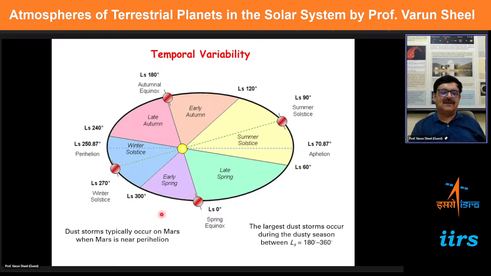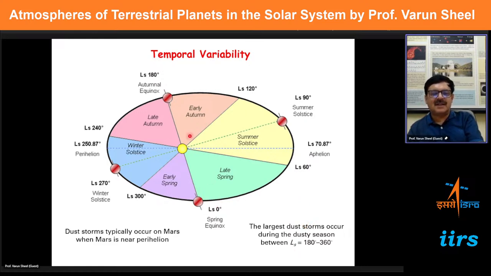These are some of the seasons where dust storms typically occur, because it is the summer season, and Mars is closer to the Sun here, near southern summer, so you could have large dust storms during this time.